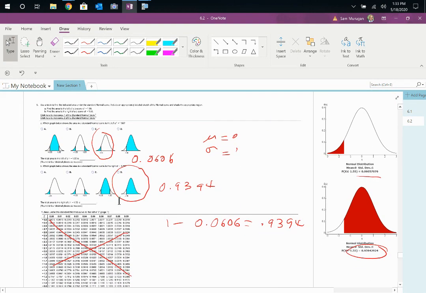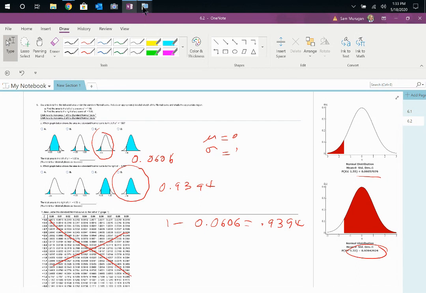All right, here we go. So this one here, a similar type of problem, wanting us to use the table. I didn't use the table for this. Find the area of negative 1.55.